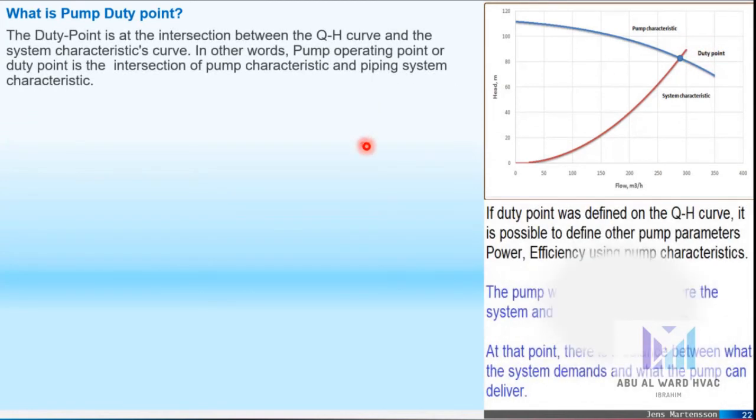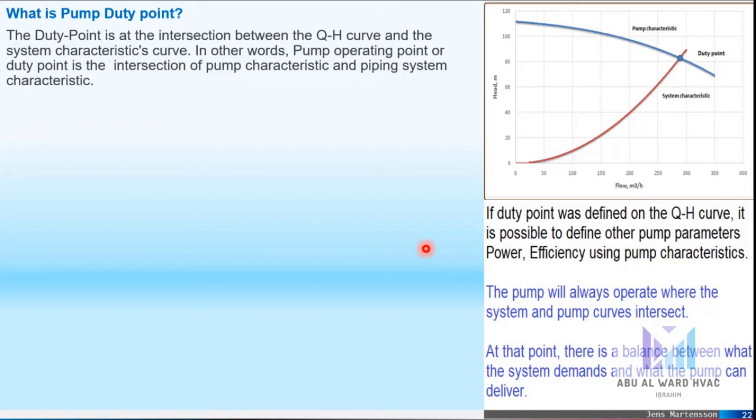What is pump duty point? The duty point is at the intersection between the QH curve and the system characteristic curve. In other words, pump operating point or duty point is the intersection of pump characteristic and piping system characteristic. If the duty point was defined on the QH curve, it is possible to define other pump parameters, power and efficiency, using pump characteristics.